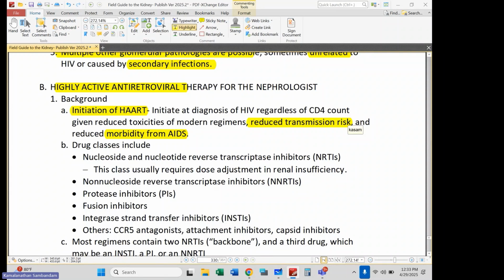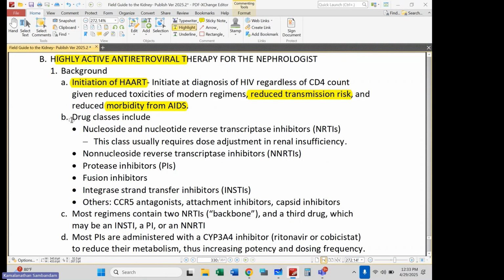Since we have numerous options and they have fewer toxicities, the threshold for treating patients has become favorable, such that everyone is offered treatment if they take their drugs.